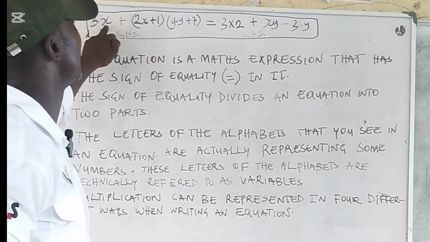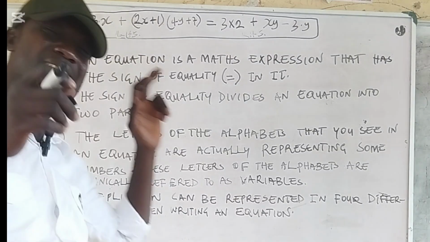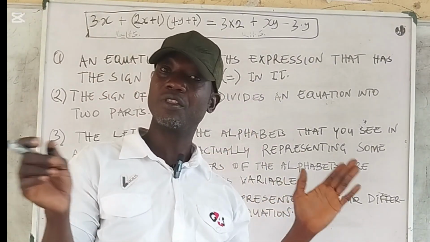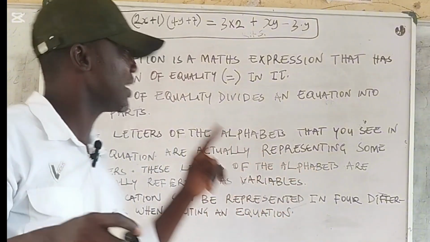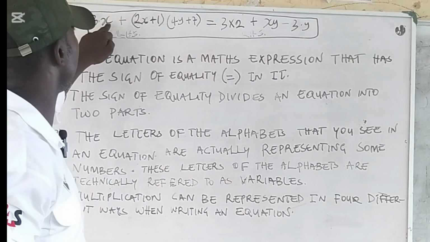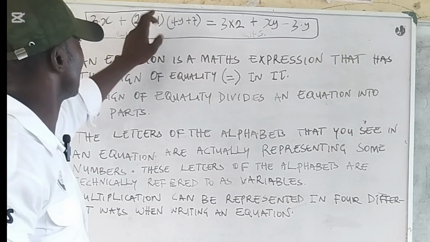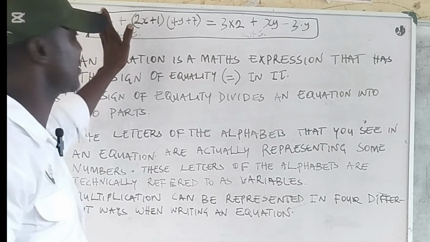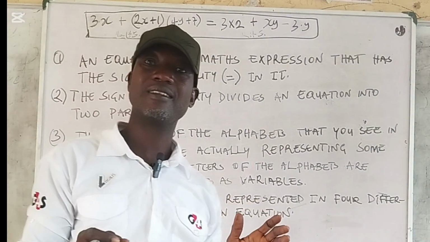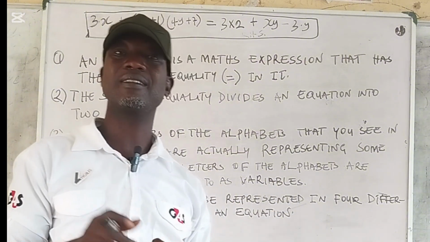Now, 3x simply means 3 multiplied by a certain number. We don't know the number, but there is a number that exists that when we multiply it by 3, and we add 2x, whatever, that's just what it means. x is a number, it represents a number.